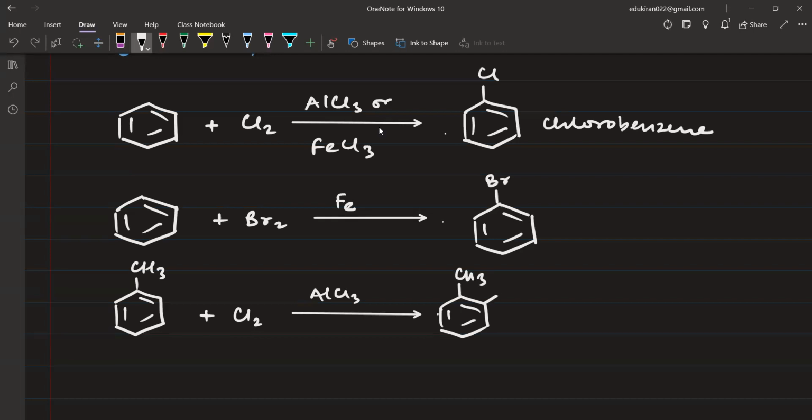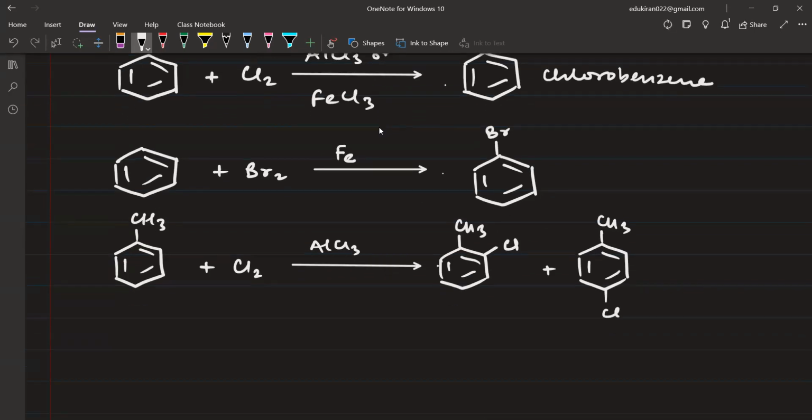The chlorine will attach on this ortho position. Plus, you will get another product, CH3 and chlorine in the para position. Now, in this case, this will be the major product.